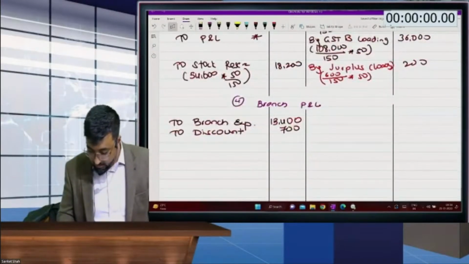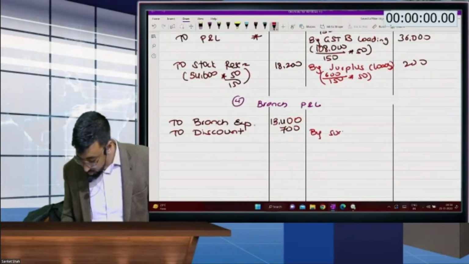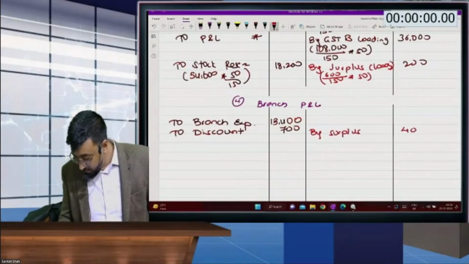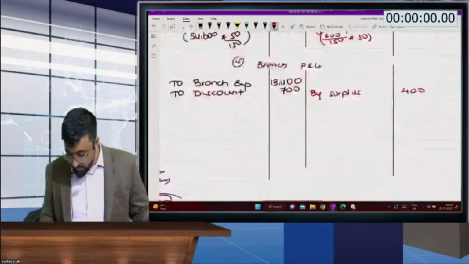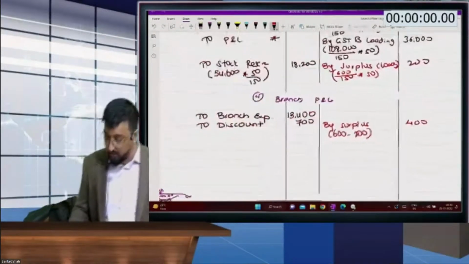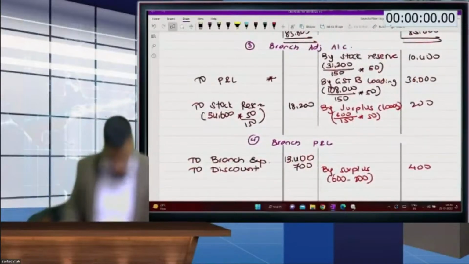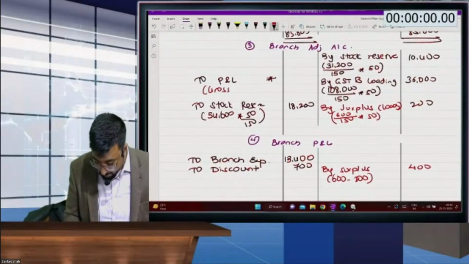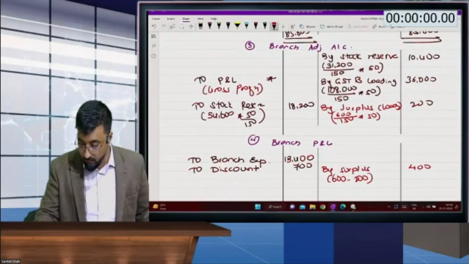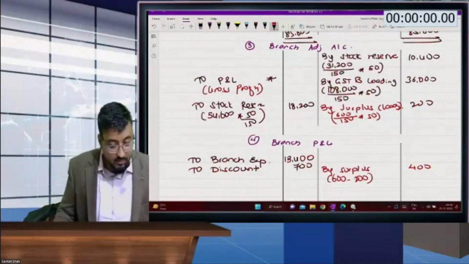One thing, yes, I left it. By surplus loading is there. Red pen, say 400, 200, 600 minus 200. 600 invoice price, 200 loading. Now you can calculate, beta, P&L's profit, gross profit 10.4 to 46,600.